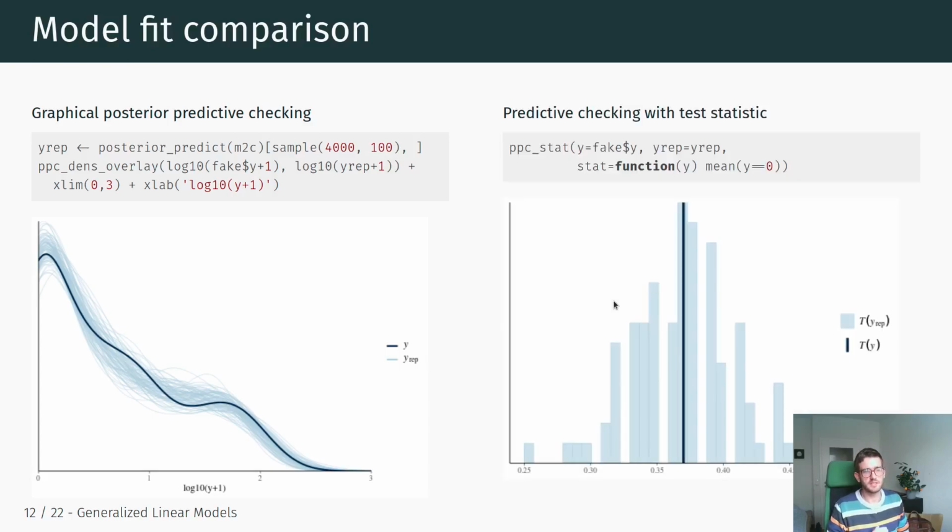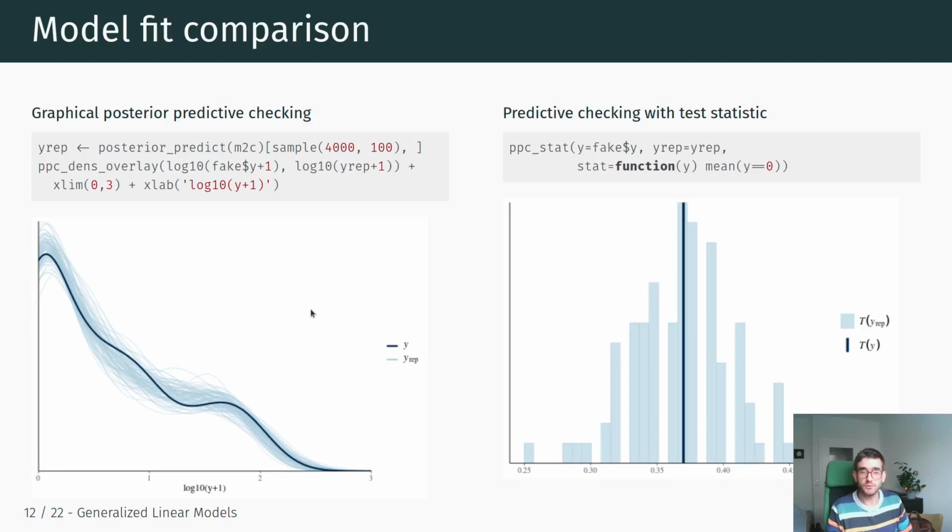We can use graphical posterior predictive checking the same way we used it in previous sessions, and compare our actual observed data distribution against our posterior predictive distributions from a couple of draws from our posterior distribution.